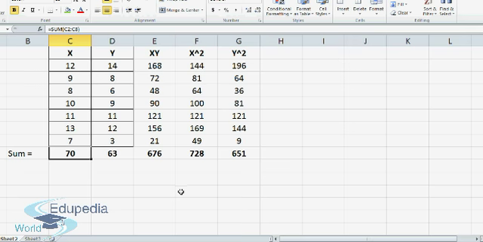So let's do them one by one. So let me first take the numerator. Let me write here. First I'm taking the numerator.